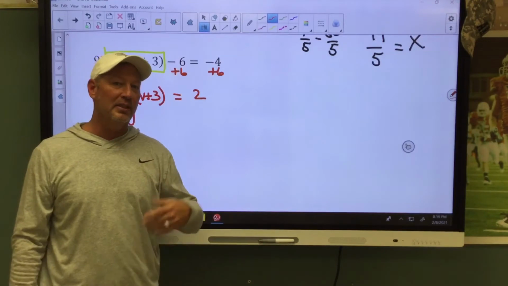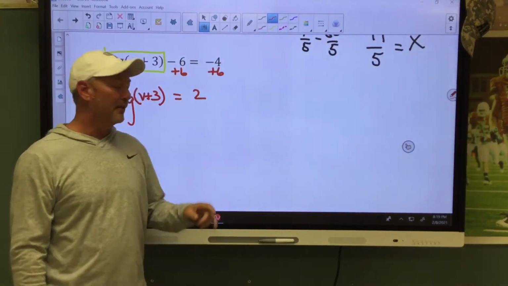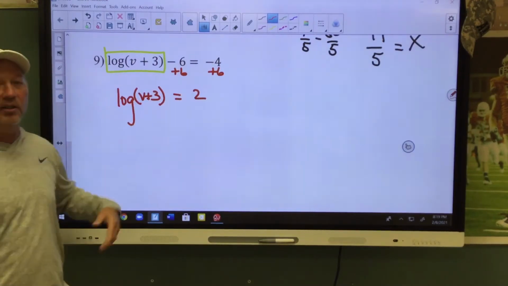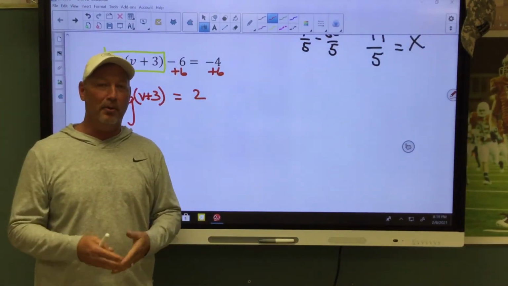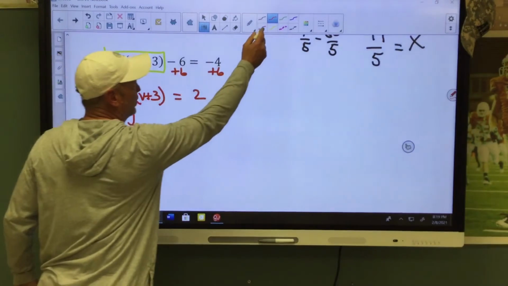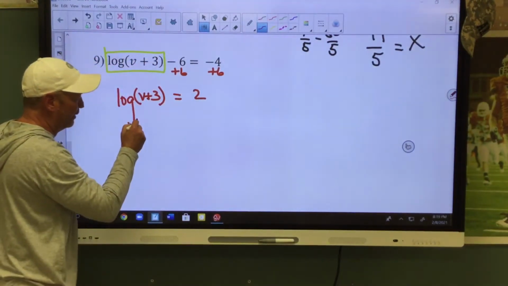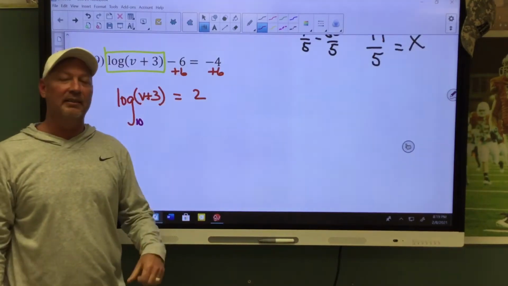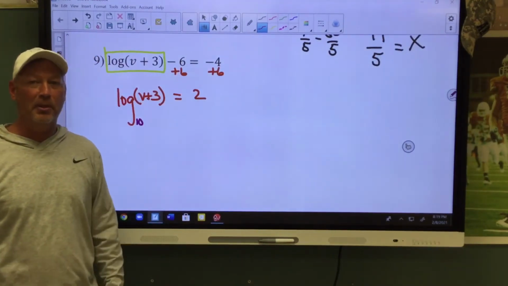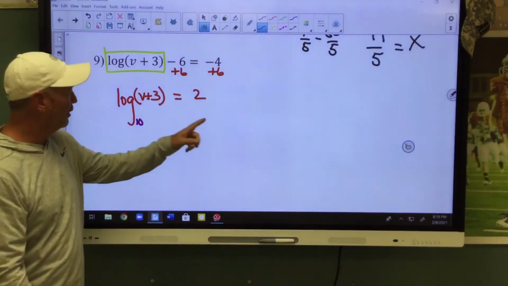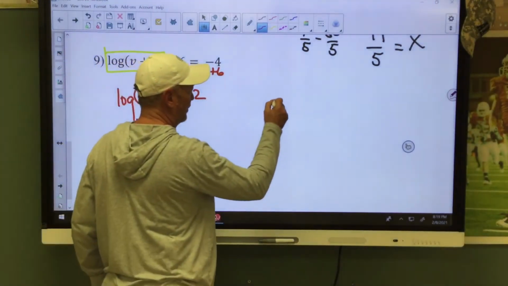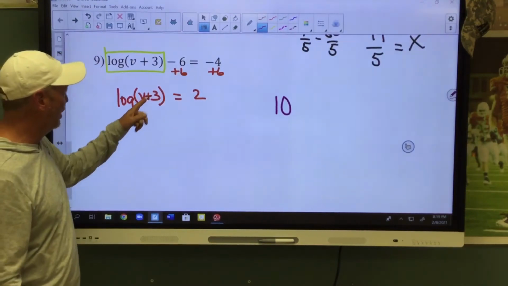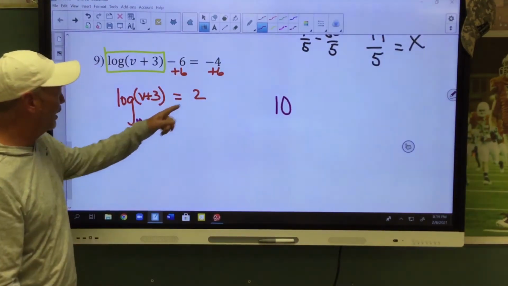Do you remember what we said yesterday? That if the log didn't have a base, if it didn't have a base down here designated with a certain number, that it was going to be an understood base 10. So if they don't tell you what the base is, it's understood that it's going to be a base 10. So when we convert this, we're going to say 10, your base stays your base. We're not going to be paired with the v plus 3, but we're going to be paired with a 2.